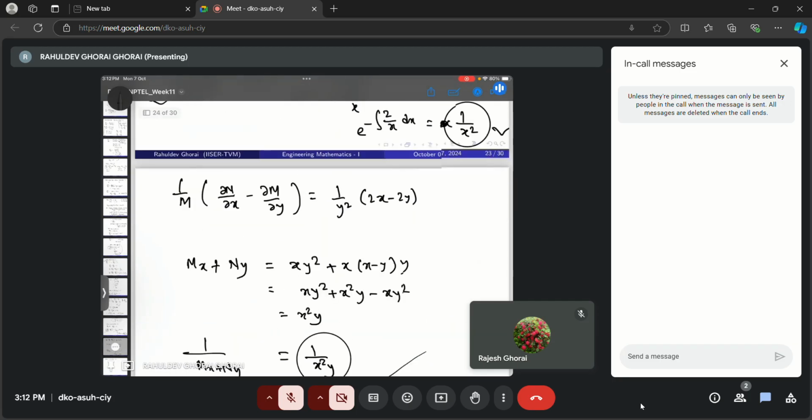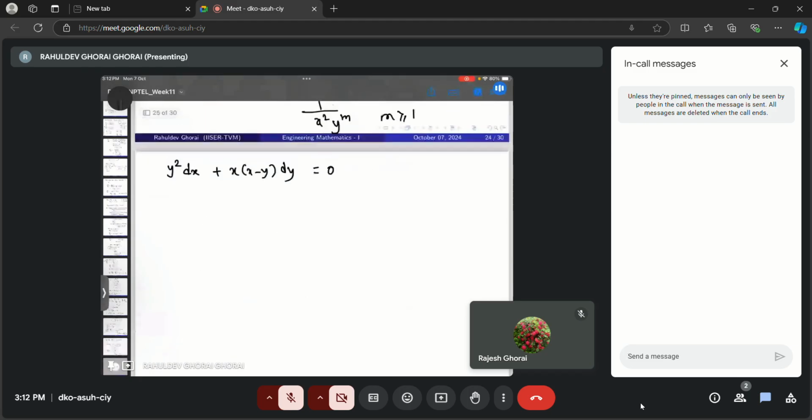What we got is one is 1 by x squared, and one is 1 by x squared times y. If you multiply by 1 by x squared, it will be y squared over x squared dx plus (1 minus y by x) dy equal to 0.